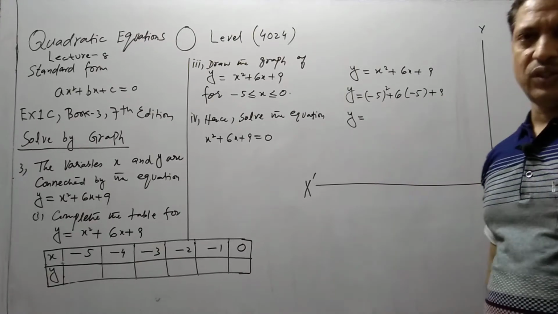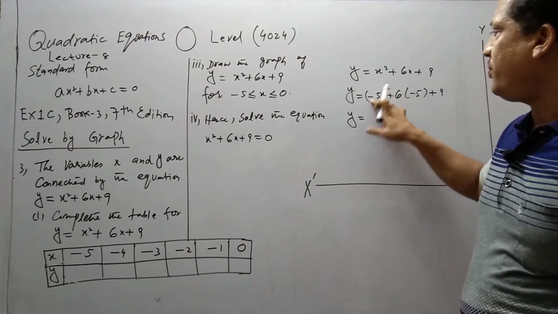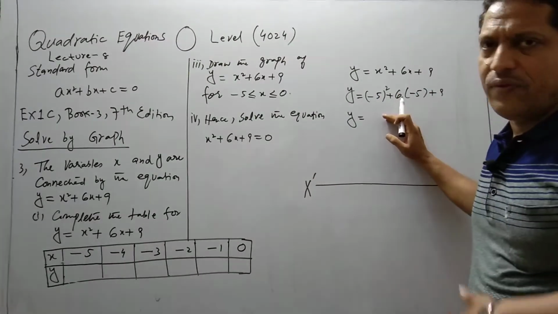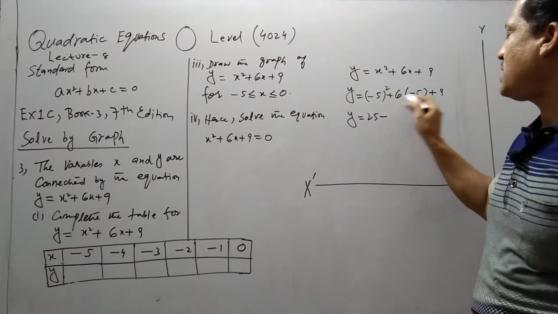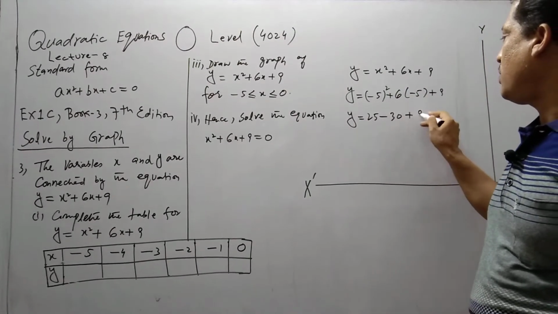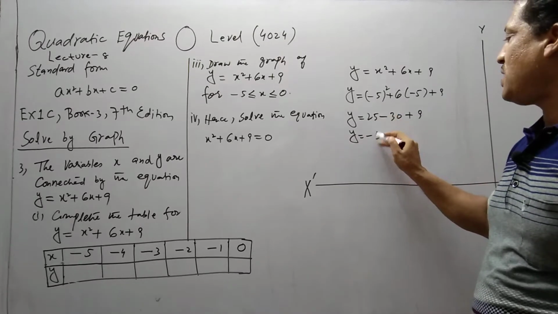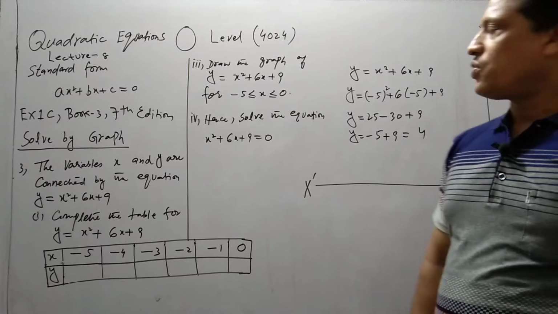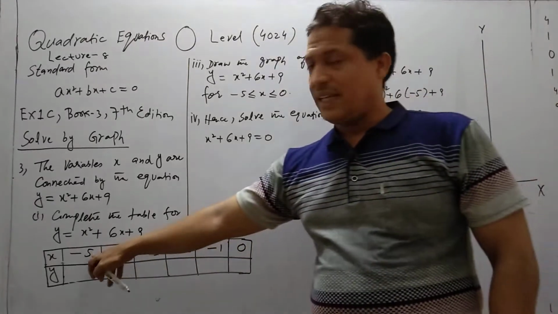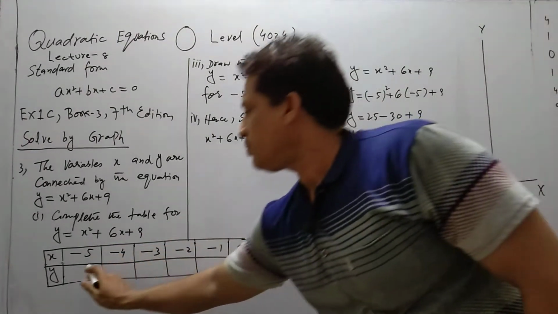Students, you know the square of a negative sign is always positive. So 5 squared is 25, plus minus 6 fives are 30, plus 9. y = 25 minus 30 is minus 5, plus 9. 9 minus 5 is 4. So when the value of x is minus 5, the value of y is 4.